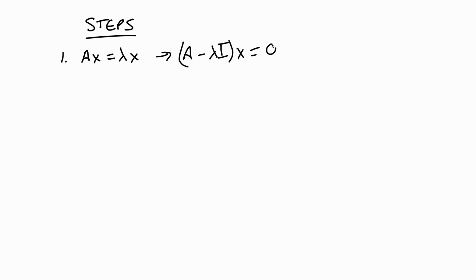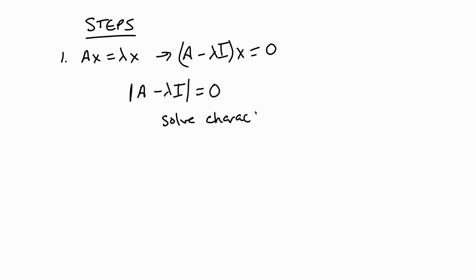Just to review the steps for finding eigenvalues and eigenvectors. 1. Remember that A times x is equal to lambda x implies that A minus lambda times I, times x, is equal to 0. And you want to find the determinant of A minus lambda I. Set it to 0.